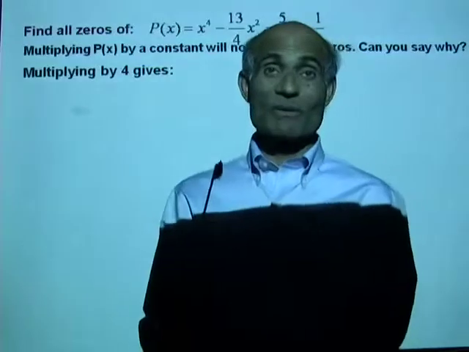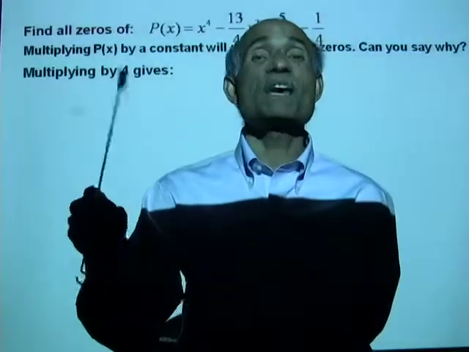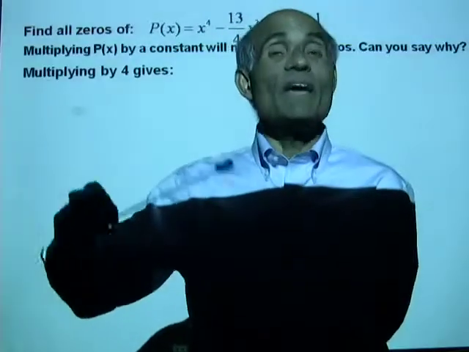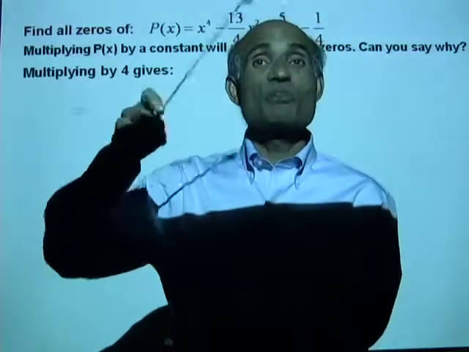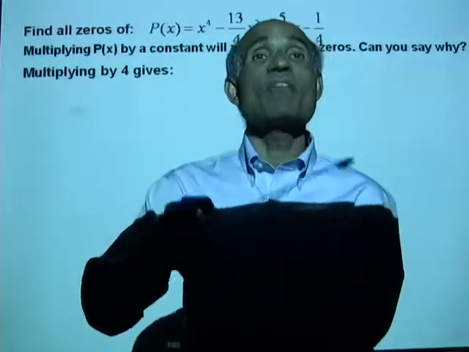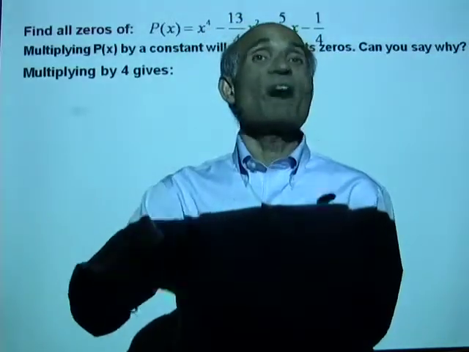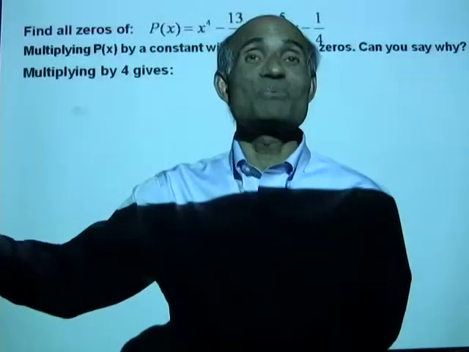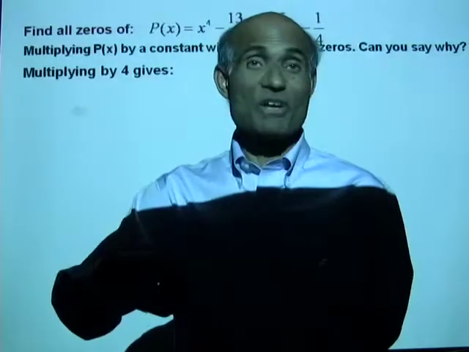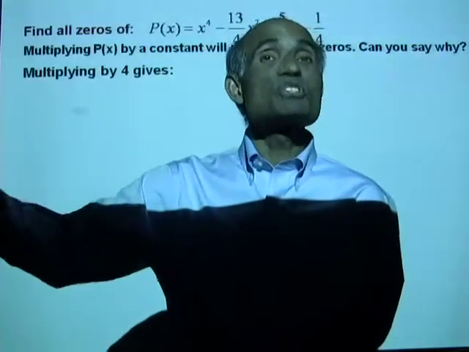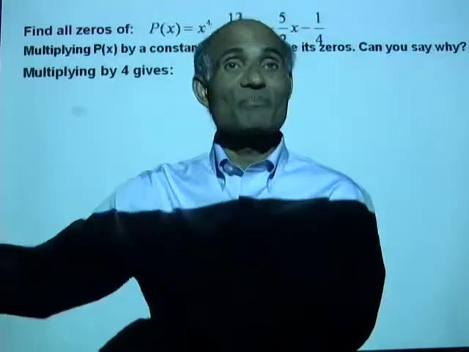For example, if a polynomial is x plus 2, what is the zero of that? x equal to negative 2. If you multiply x plus 2 by 5, will it change the zero of the polynomial? 5 times x plus 2 equal to 0. 5 is not equal to 0, so x plus 2 equal to 0. The zero is still x equal to negative 2.